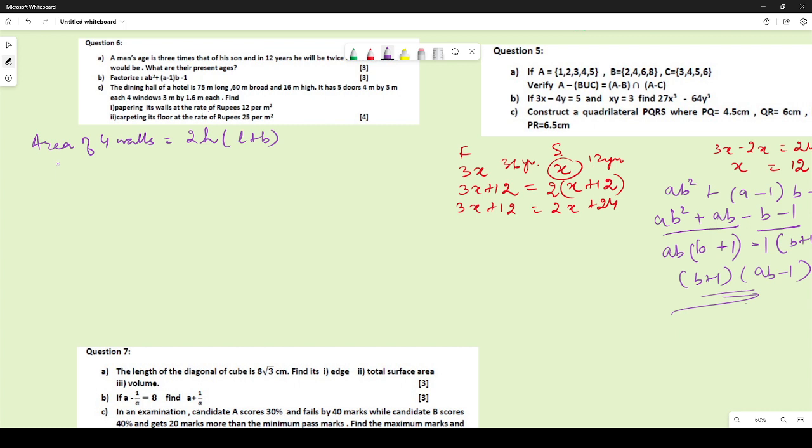Now 2 into h, height is 16 meters, 32 into L 75 and 60, right? So 75 plus 60, you will get 135. So 32 into 135, you get 4320 square meters. That is the area of the 4 walls.